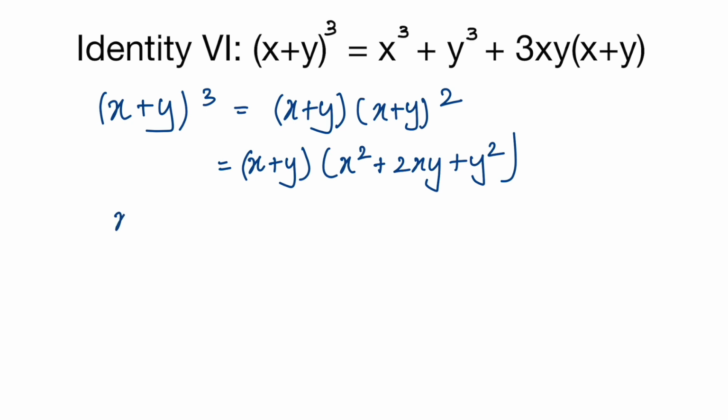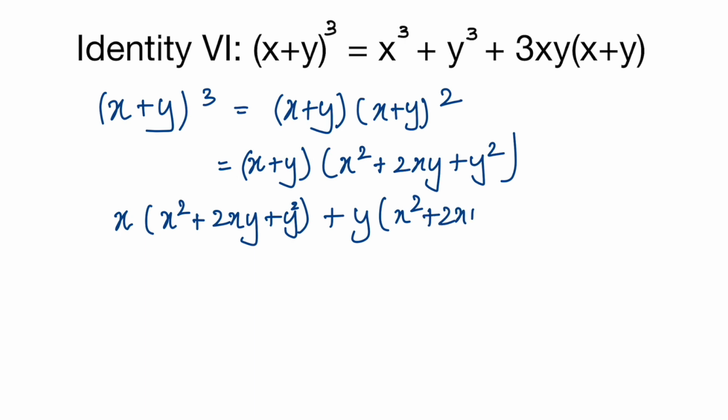So what would that give you? x into (x squared plus 2xy plus y squared) plus y into (x squared plus 2xy plus y squared). Because this is two terms, x plus y, and we have this entire thing to be multiplied, so this should be multiplied first and added with the second product.